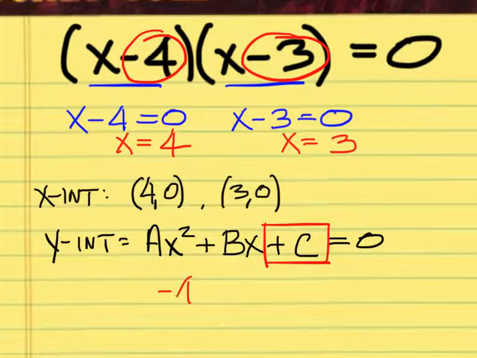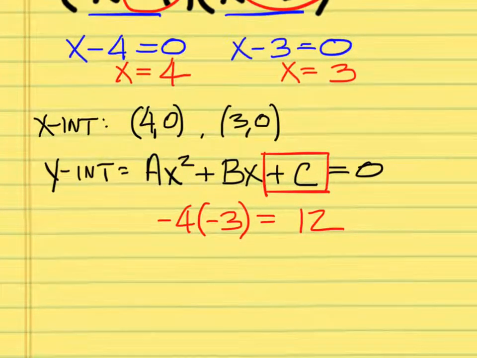So it's -4 times -3. That comes out to be a positive 12. If you express that as a point, then it would be (0, 12).